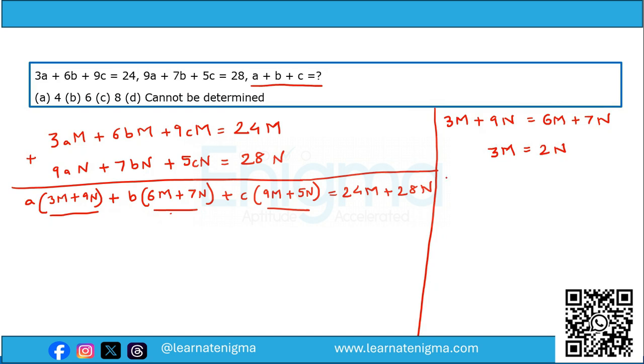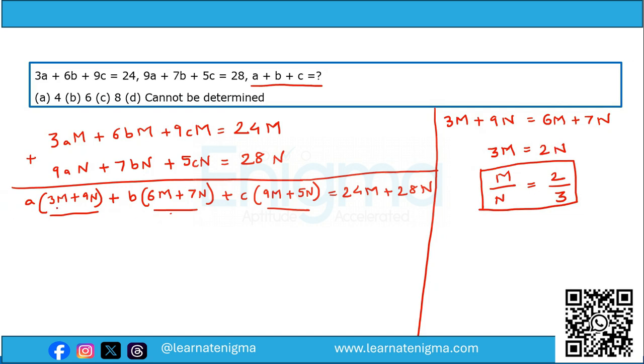So therefore we can say that m by n will be 2 by 3. So now we can assume m as 2 and n as 3.